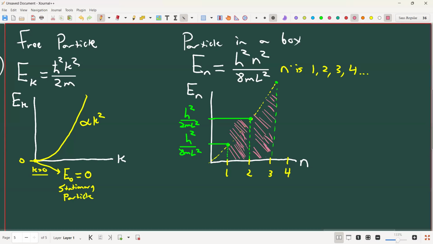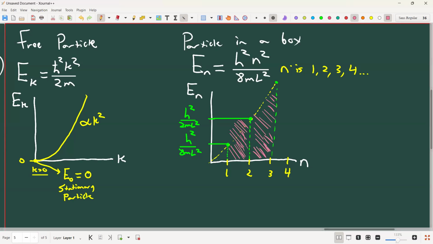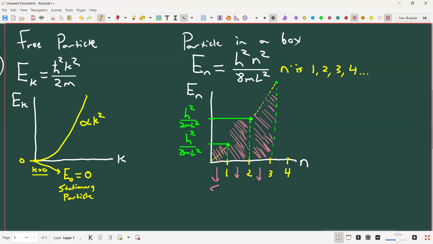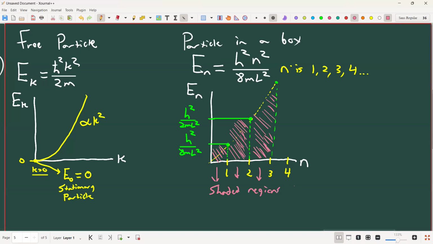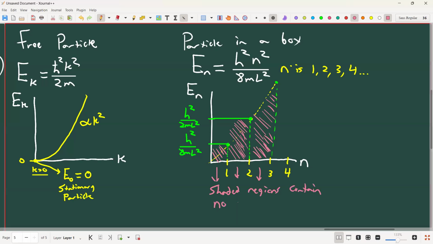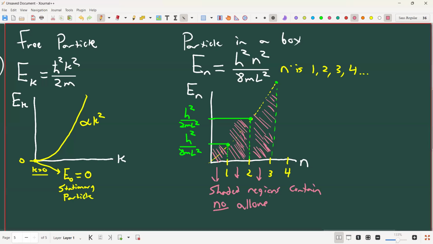There are no states inside of this box that have this energy. So the shaded regions contain no allowed energies. The only energies that are allowed are these points.